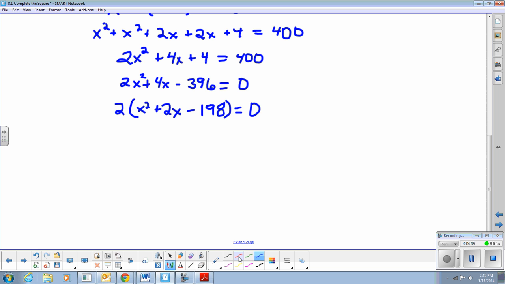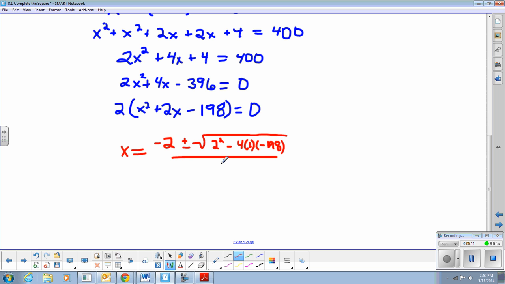So now that I'm going to the quadratic formula, I will say that x equals the opposite of b, so negative 2, plus or minus the square root of b squared, so 2 squared, minus 4 times 1 times c, which is a negative 198, all over 2 times 1.